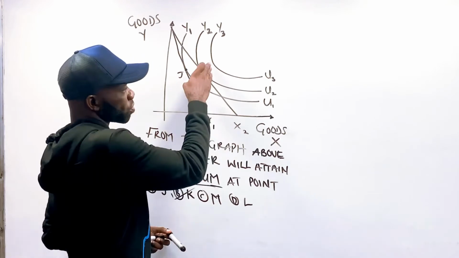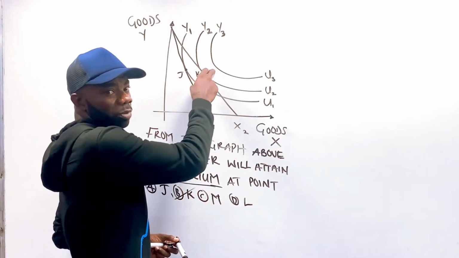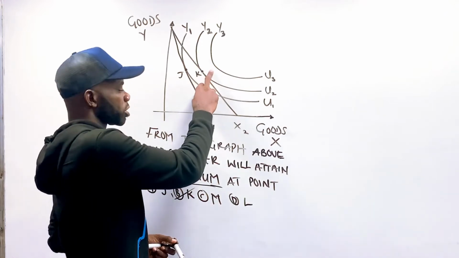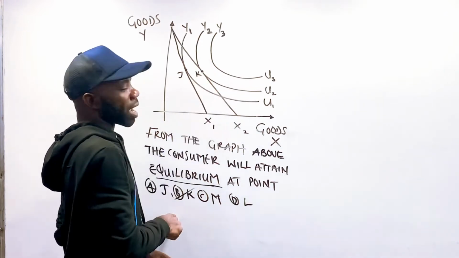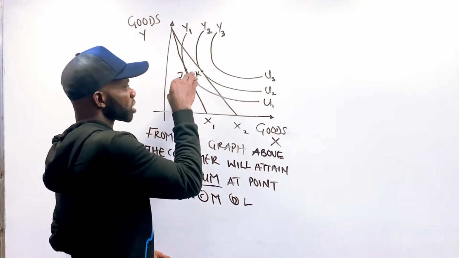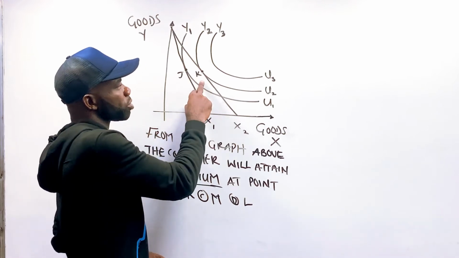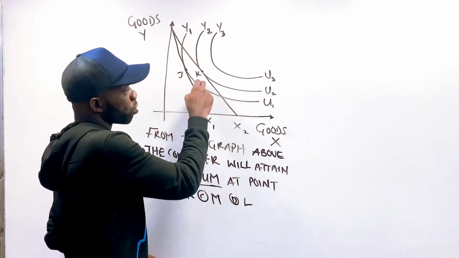So if that equilibrium point happens at this highest point, then it becomes your most preferred equilibrium point. And that's why K is our answer for this question, because K happens at the highest equilibrium point from what we can see on the diagram.